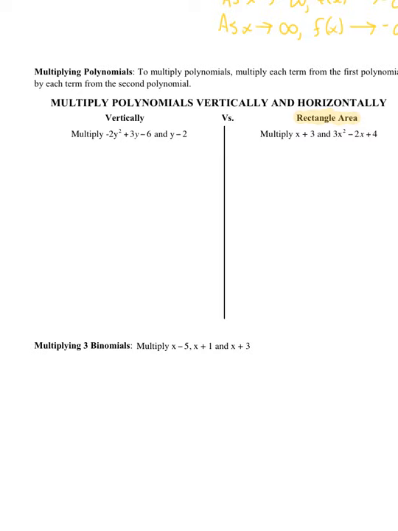I've got this negative 2y squared plus 3y minus 6 times y minus 2. All right. I think vertical multiplication is very difficult, but we're going to show you anyway, just to make sure.